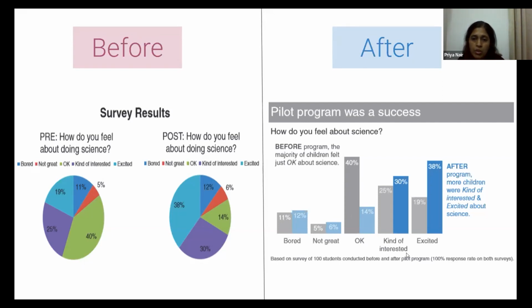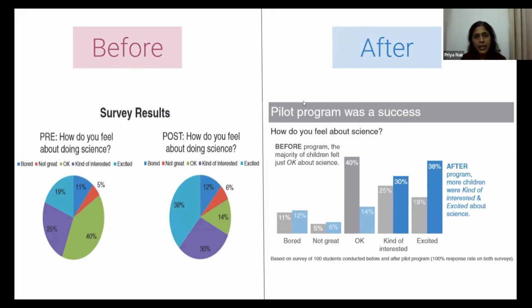And to show the interest after the program, kind of interested and excited category, it is a bit darker shade of blue, right? To highlight that, okay, there was a considerable increase in the number of students who are excited in the field of science, right?